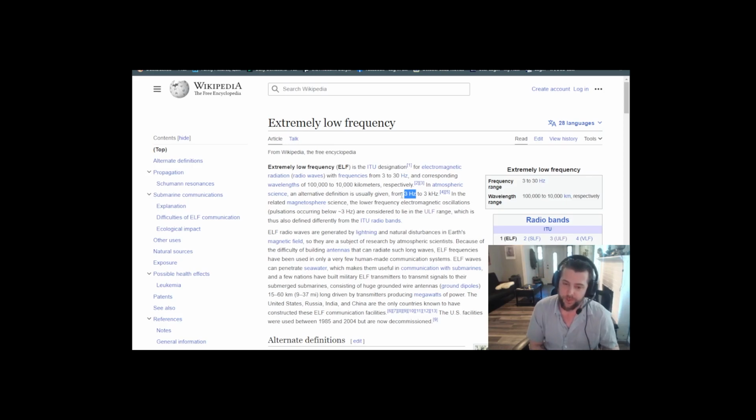And in 1 second, light will travel 300,000 kilometers per second. So 300,000 kilometers would be 1 hertz, right?